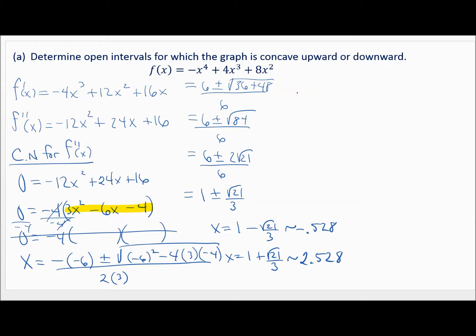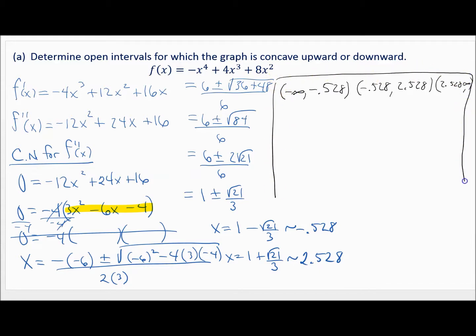So once again, remember our domain goes from negative infinity to my first critical number for the second derivative. I'm just going to use negative 0.528. Remember, that is rounded. And then we're going from negative 0.528 to 2.528. And then finally, for my last interval, we're going to go from 2.528 to infinity.